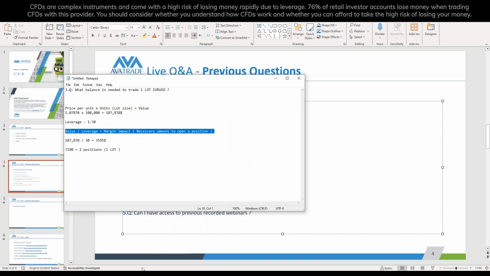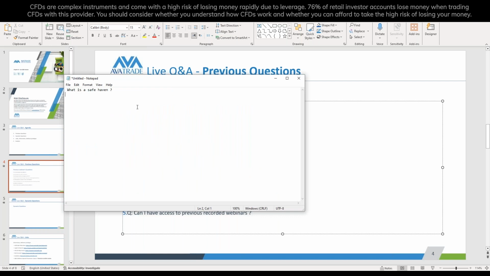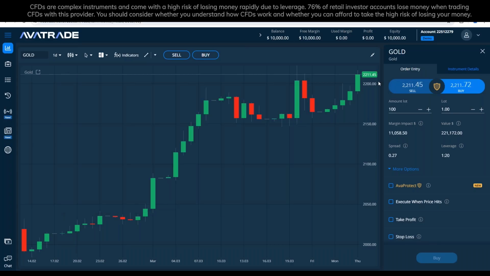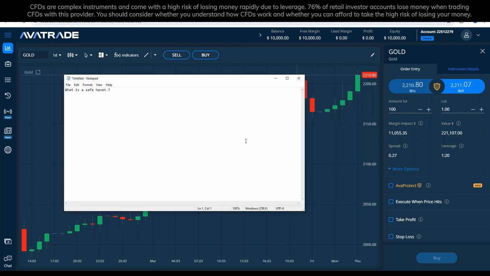Oh, actually, we have gold. So gold is a very famous safe haven, so I guess we can use it. So what is a safe haven, guys? Who can tell us what is a safe haven? In the meantime, just excuse me for a few moments.